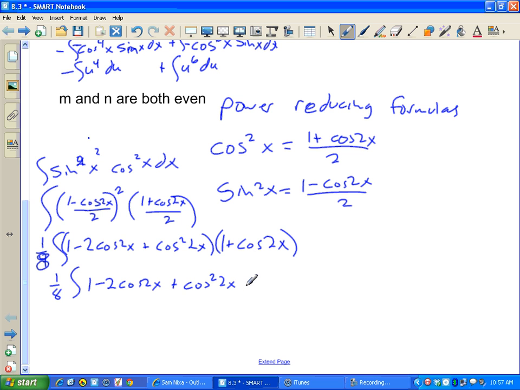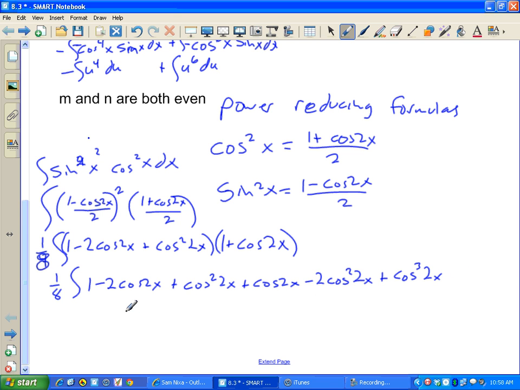When I distribute this, I'm going to get plus cosine 2x minus 2 cosine squared 2x plus cosine cubed of 2x.